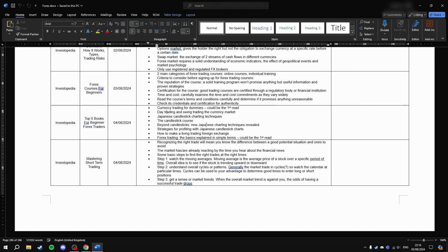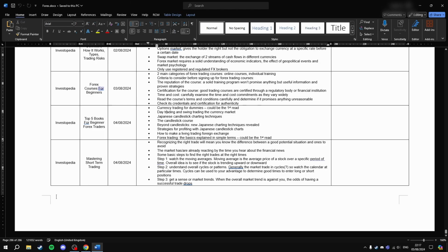And then we've got How to Make a Living Trading Foreign Exchange and Forex Trading: The Basics Explained in Simple Terms. I think in the last video, as I was reading through the descriptions of the books, I decided that Currency Trading for Dummies and Forex Trading: The Basics Explained in Simple Terms could either be the first ones to read.